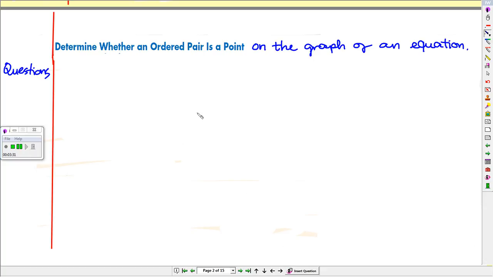So now, next objective, we want to determine whether an ordered pair is a point on a graph of an equation. So let's start with this example.